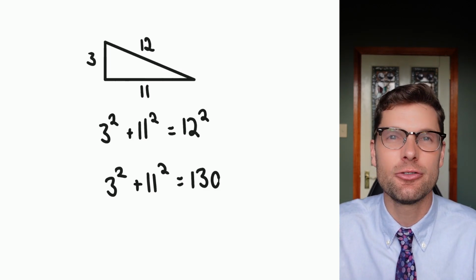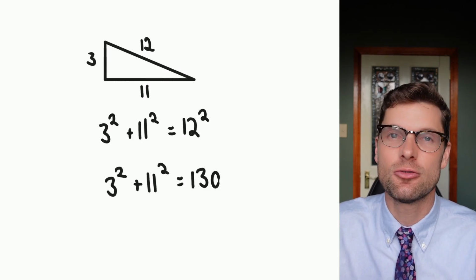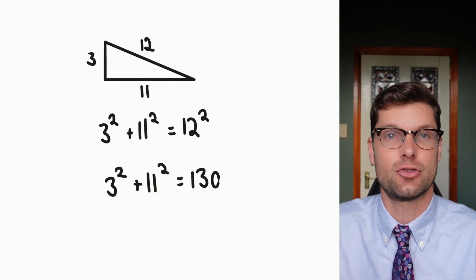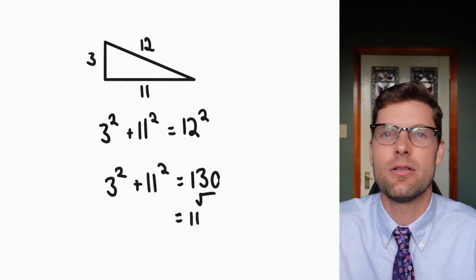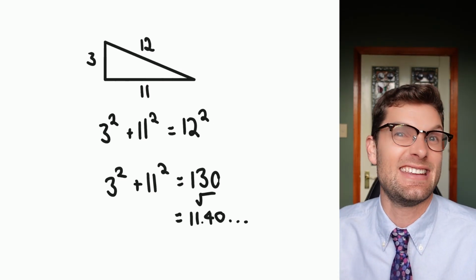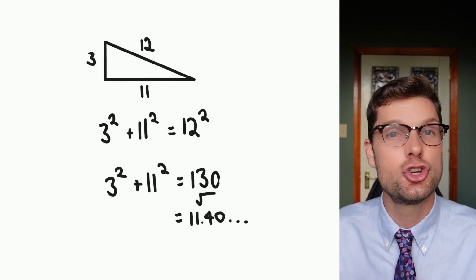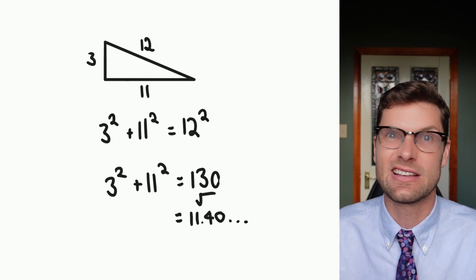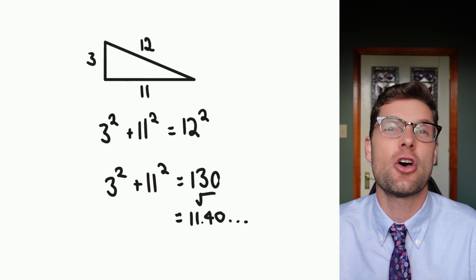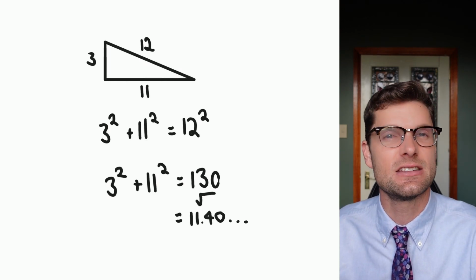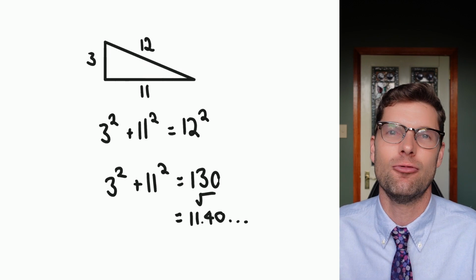If I square root 130, if this triangle is a right angle, it should give me the answer of 12. But when I throw it into my calculator, I see it's equal to 11.4 something. So that means it is not a right angle because it should be 12. These two things aren't the same. 11.4 and 12 don't match, so the whole mathematical sentence is false, meaning it is not a right angle.